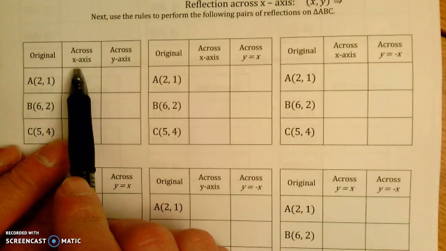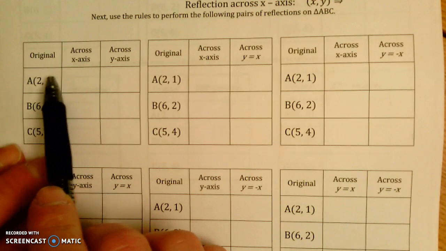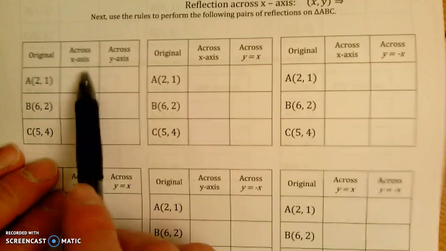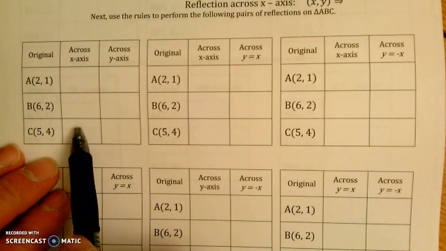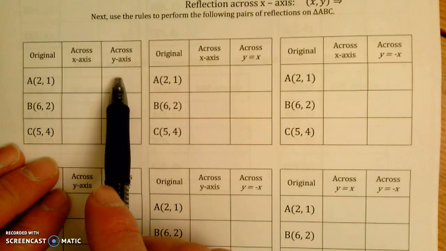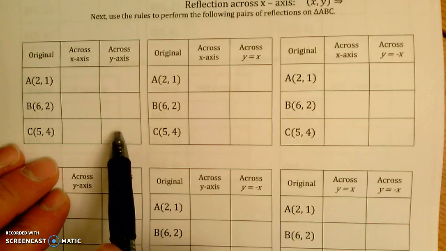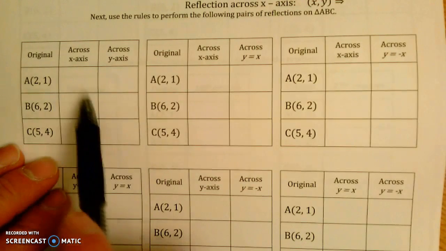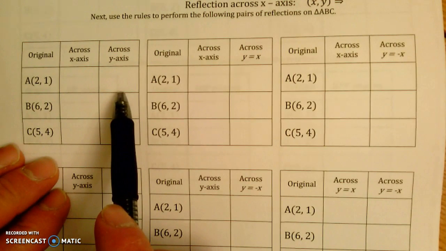Next, you're going to perform each of those rules on a pair of reflections. So, for example, you're going to use the rule to reflect this triangle ABC across the x-axis, and then from there you're going to use the y-axis rule to reflect the triangle across the y-axis. So one after the other, performing one rule after the other.